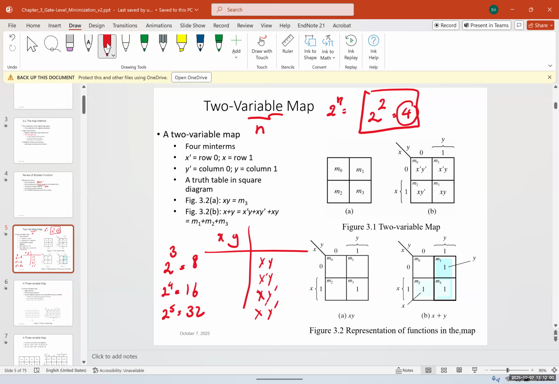And from the minterms, the sum of products, we learned that x prime y prime is equal to m0, x prime y is m1, x y prime is m2, and xy is m3. So again, I would have 4 different combinations for the minterms here.